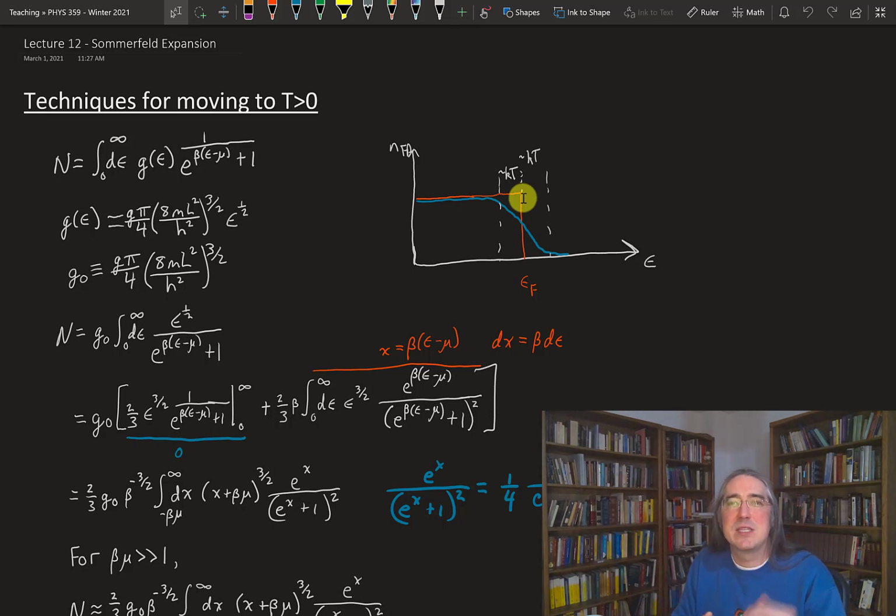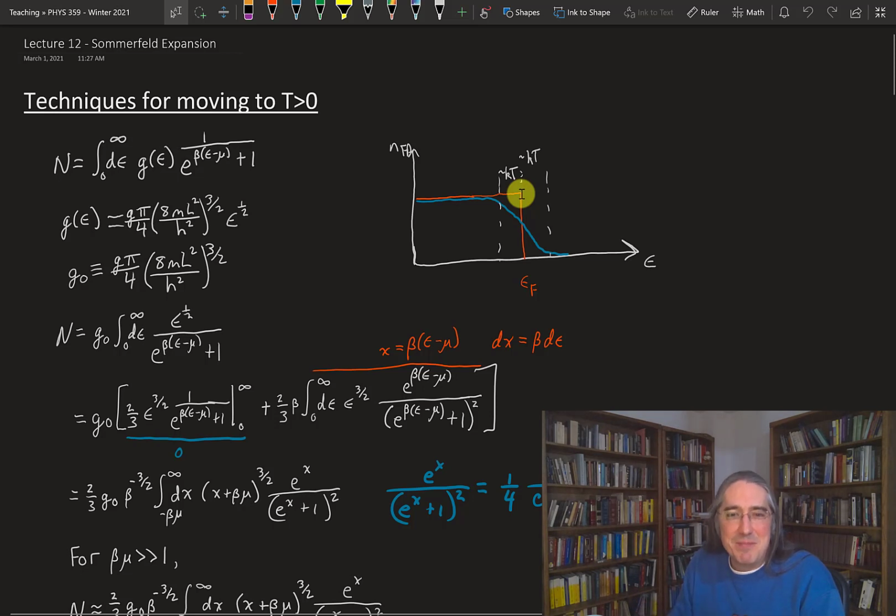Okay. So that's the surface, that's sort of the edge where we go from occupied at T equals 0 to unoccupied at T equals 0. So I may use the term Fermi surface here, even though it's not really a surface, because it's the analogous thing on this plot. Similarly, all of the occupied states below E Fermi are frequently referred to as the Fermi sea. Okay, why? It's a vast expanse.